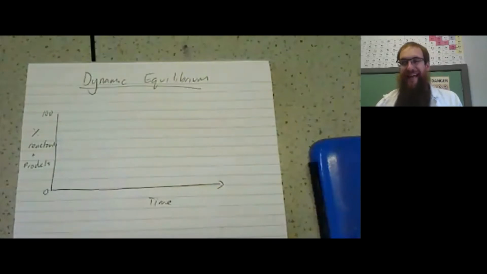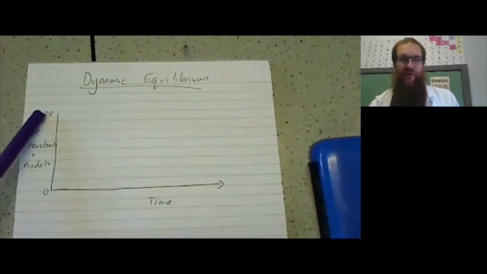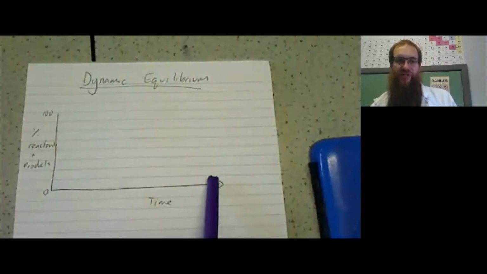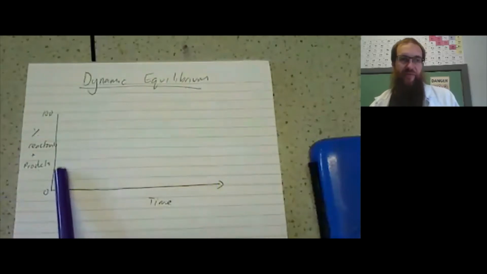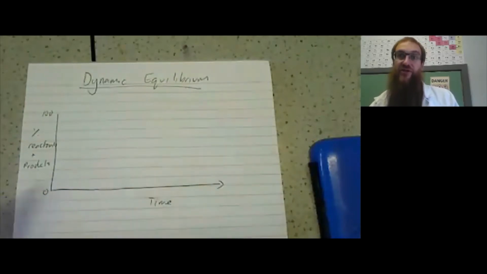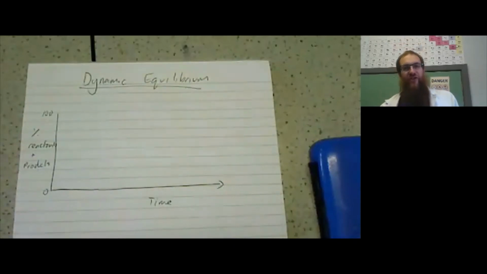So in a standard, non-reversible reaction, you would start off at 100% with your reactants, and you would end up at 0% as it was all used up. And your products would start at 0% because you didn't have any, and it would end up at 100%, assuming a complete yield. In a reversible reaction, it's slightly different.